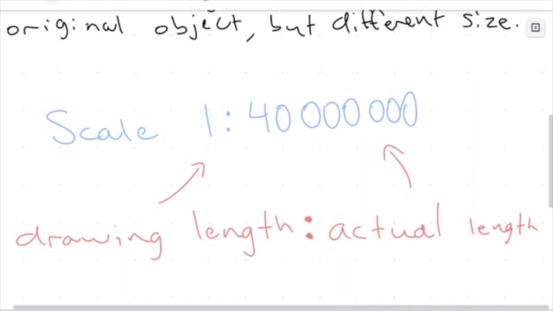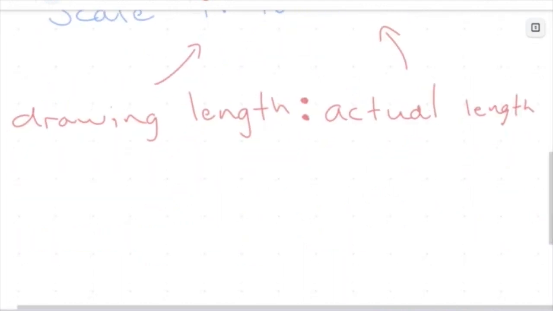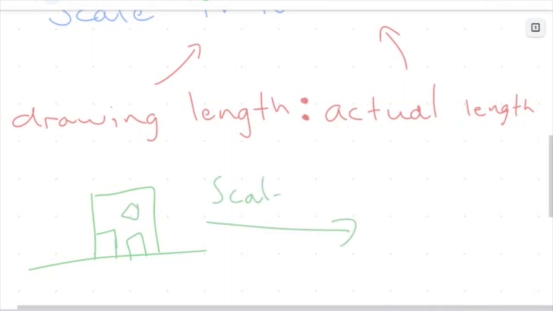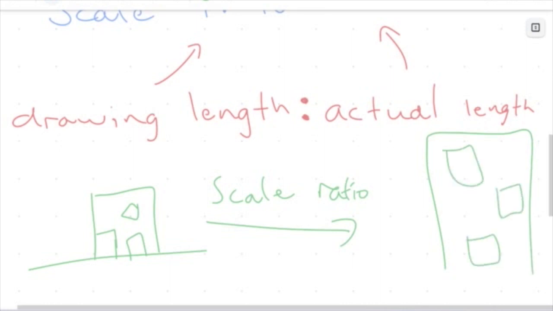So we want to include a scale factor to tell us how big this would really look out in the world. If you have your little building that you've designed, if you're an architect, that has a scale ratio to the actual building when you make it in real life. And our scale ratio tells us how big this actually is.